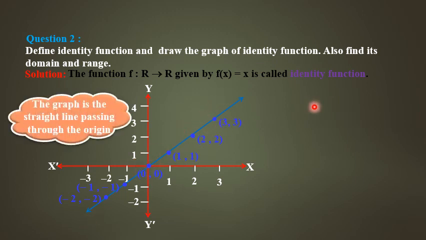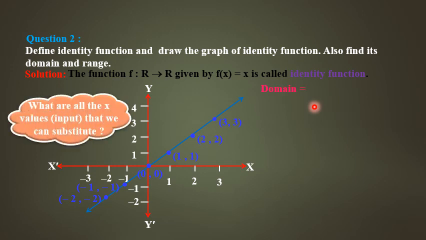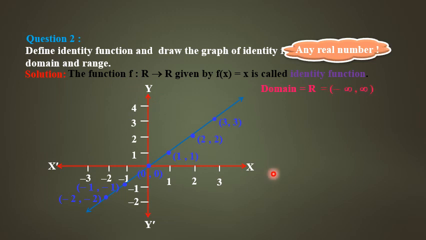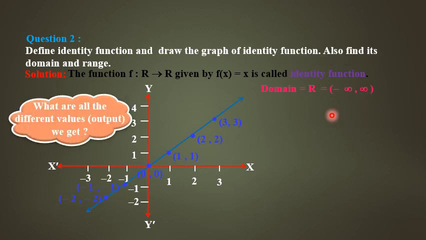Now look at this. What are all the x values that we can substitute here? You can substitute the set of all real numbers. Any real number you can substitute. That means minus infinity to plus infinity.